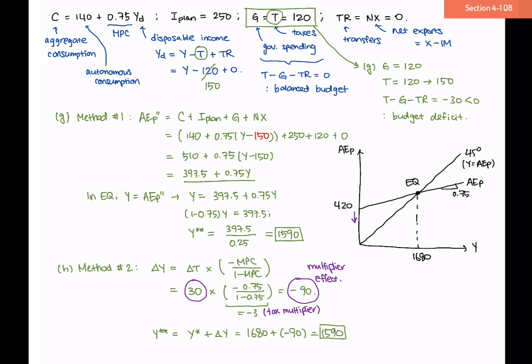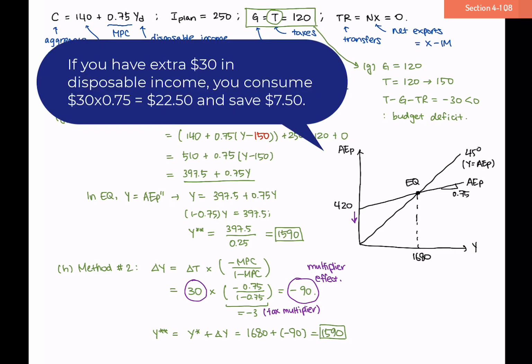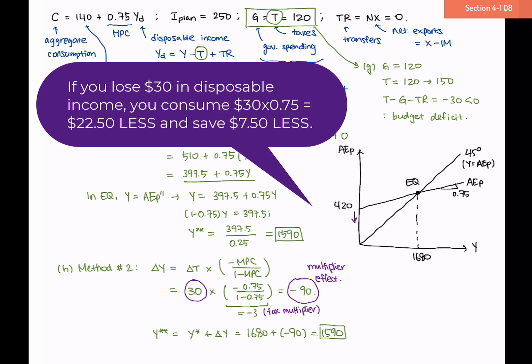In this case, it's at 0.75. So you are only consuming 75% of your disposable income, which means if your disposable income falls by 30, you're not decreasing consumption by 30 because you would have initially consumed only 75% of that 30 to begin with.